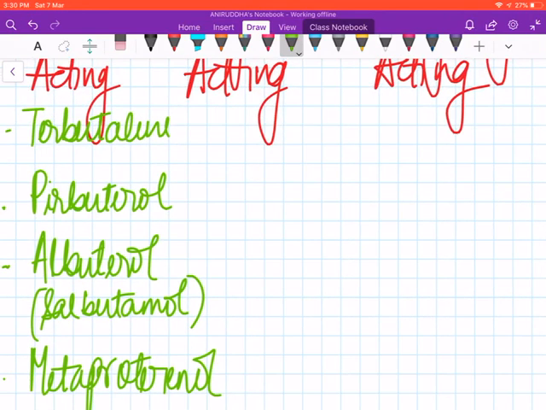Of these, terbutaline can be given by subcutaneous route, 0.25 milligrams. Okay, this is important.